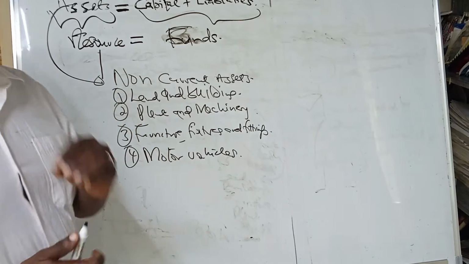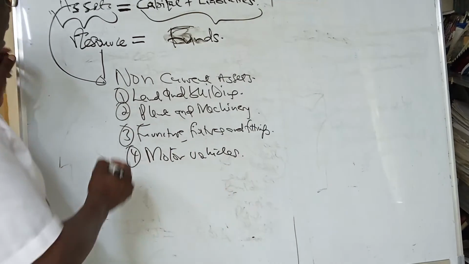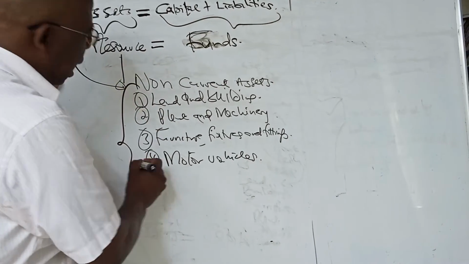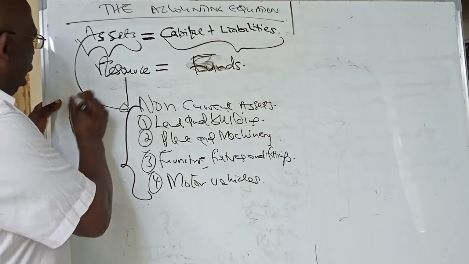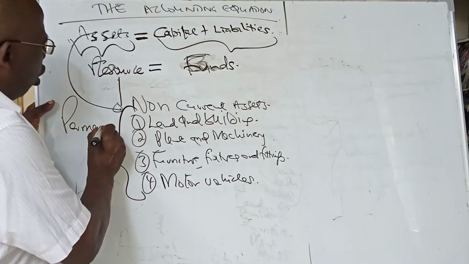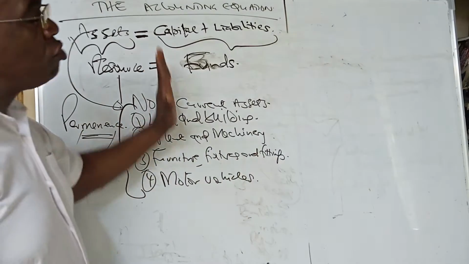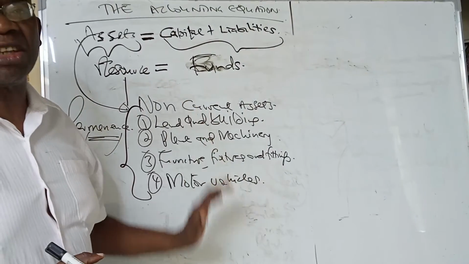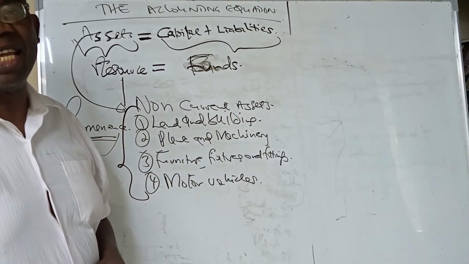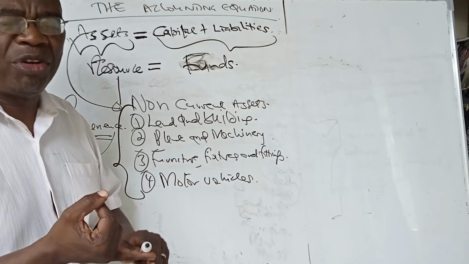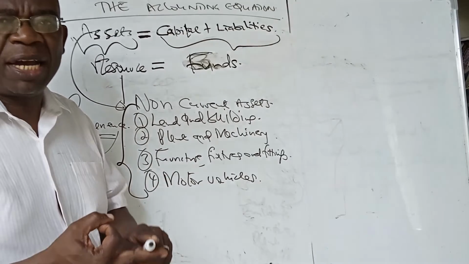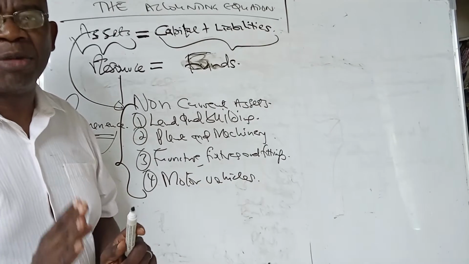Now, please notice that these assets are usually arranged in order of permanence, how permanent they are, and therefore you must memorize them in that order. Land and building, plant and machinery, furniture, fixtures and fittings, and motor vehicles.